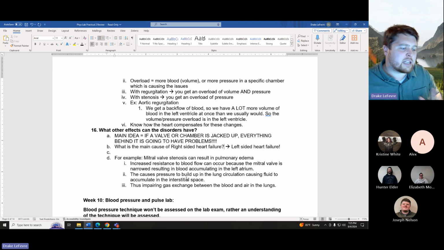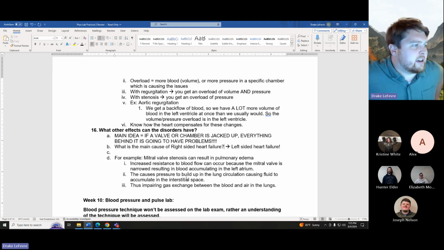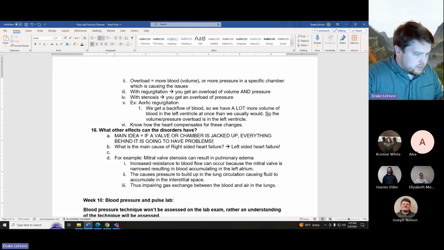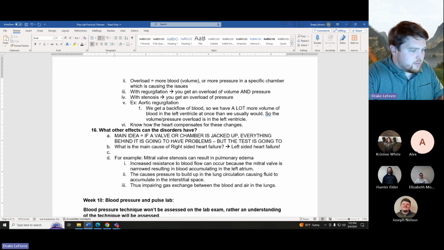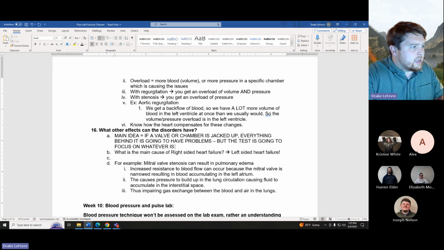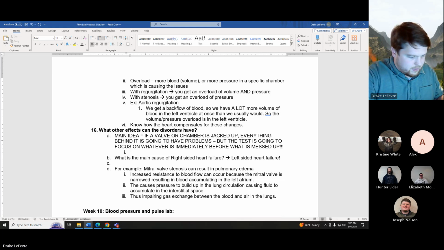You're not going to get asked questions like that, that deep. Just think, we have problems, but the test is going to focus on whatever is immediately before what is messed up. So, for example, aortic valve issue equals look at left ventricle.